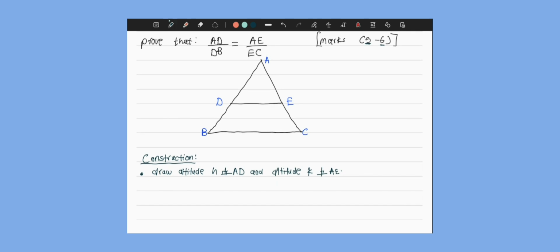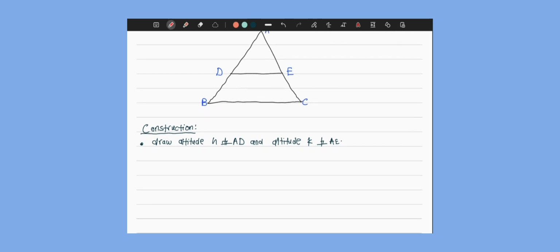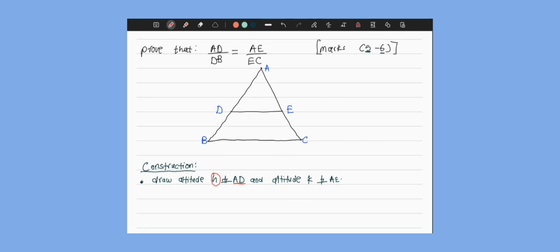Let me select another pen here to draw this altitude. The first altitude to indicate is the altitude h, and this altitude h must be perpendicular to the line AD. Whatever I'm going to do now, I'm going to refer to this triangle ADE.